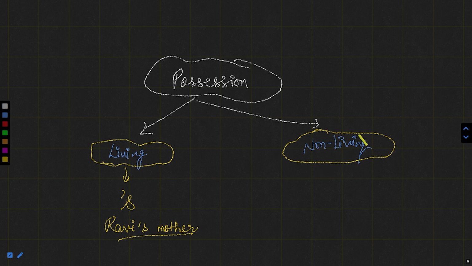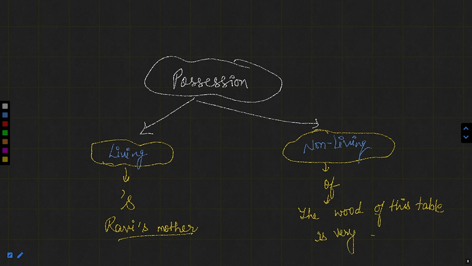But for the non-living thing, we use only of to show the possession. How? We can say the wood of this table. The wood of this table is very expensive.